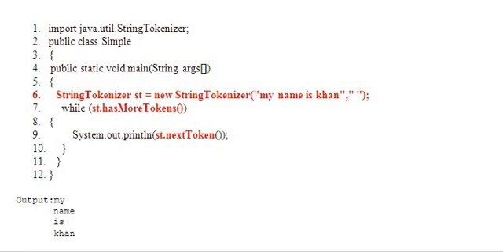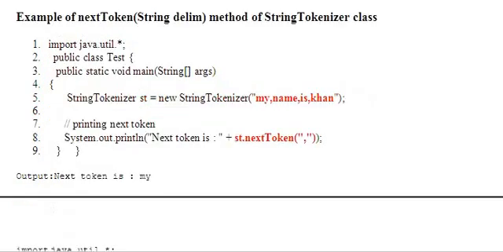So here the string is divided into various parts based on space. It always verifies whether you have more tokens, yes, true, then it takes the next token and prints it.